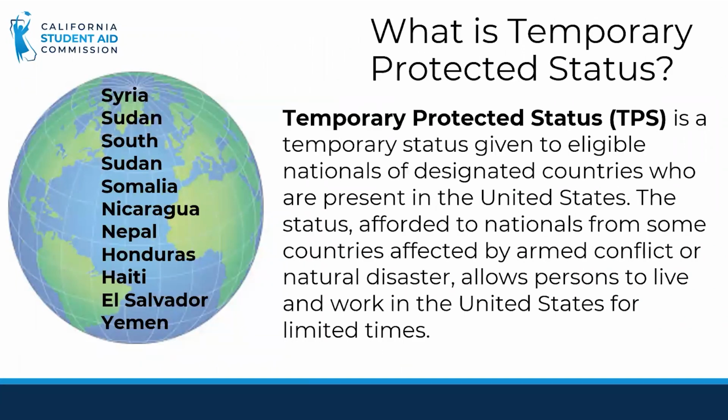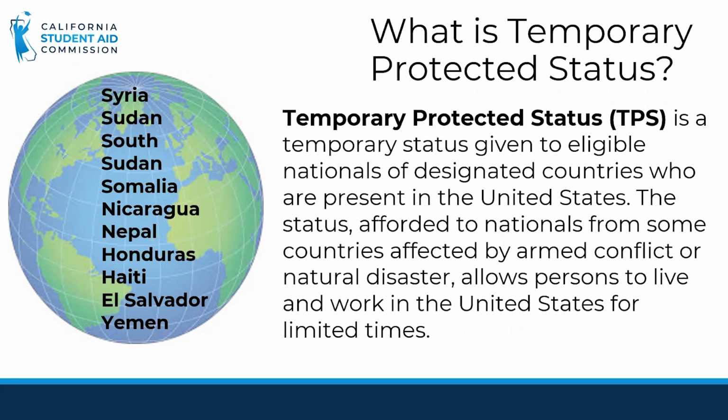So what exactly is temporary protected status? Temporary protected status is a designation that the United States gives to countries when those countries have things happening that make it difficult or impossible for the residents of that country to return. In other words, if you're in the United States and you're from Sudan, you don't have to necessarily return to Sudan because of negative things that are happening in that country. And that could be anything: armed conflict, natural disaster. Sometimes you have civil war.